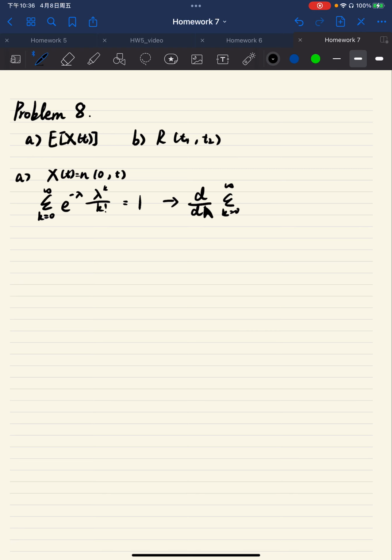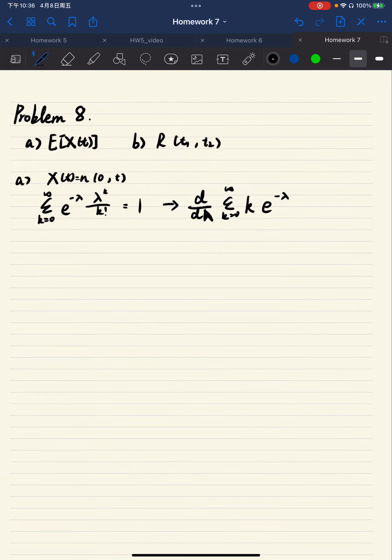The derivative of each term gives k minus lambda times lambda^k divided by k factorial, which equals lambda.